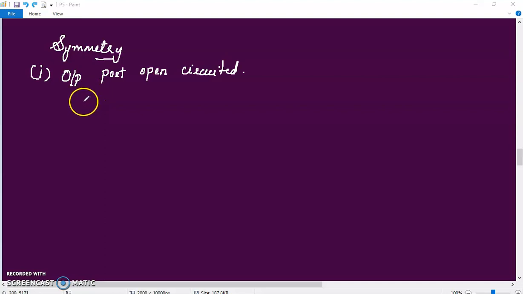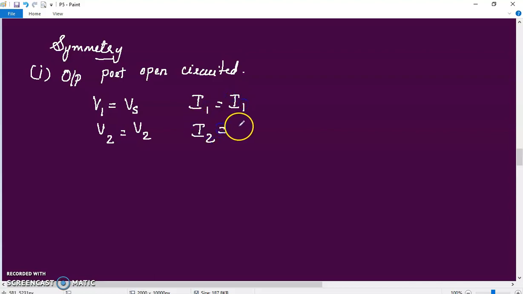When the output port is open circuited, V1 is Vs, V2 is V2, I1 is I1 itself, and I2 is equal to 0 since the output port is open circuited. Now we can write the relationship equations of ABCD parameters.